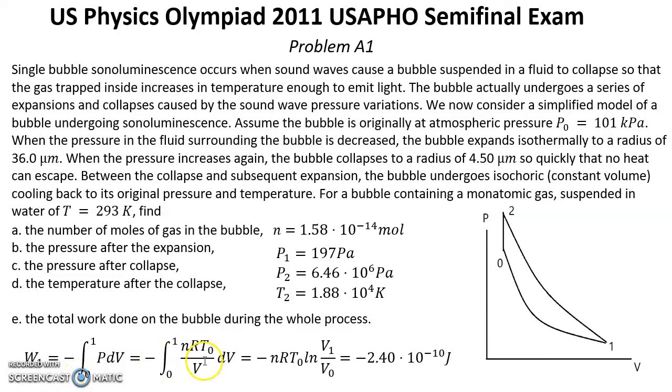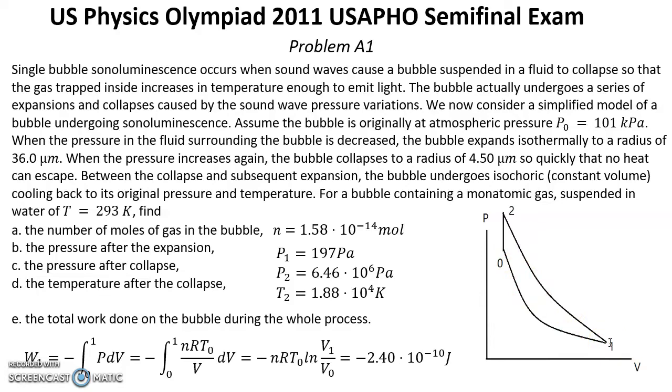And this is the expression for an isothermal process. That will be just a logarithm of the ratio between V1 and V0, and finally we can put numbers and get this result for the work done on the gas in the process from 0 to 1.